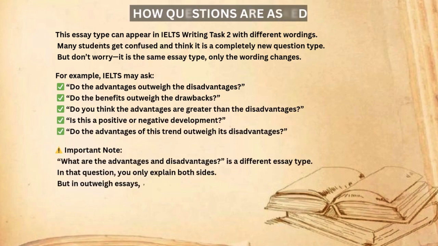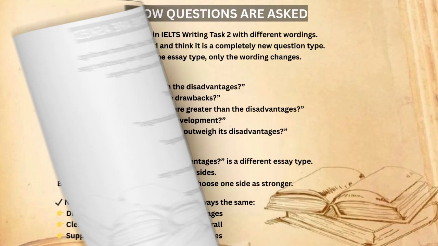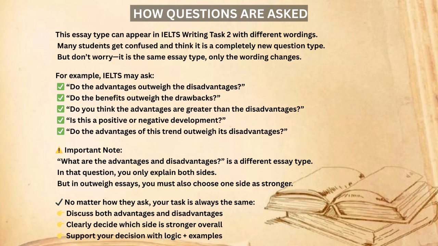Now let's see how questions are asked. This essay type can appear in IELTS Writing Task 2 with different wordings. Many students get confused and think it is a new question type. But don't worry, it is the same essay type, only the wording changes. For example, IELTS may ask, do the advantages outweigh the disadvantages?